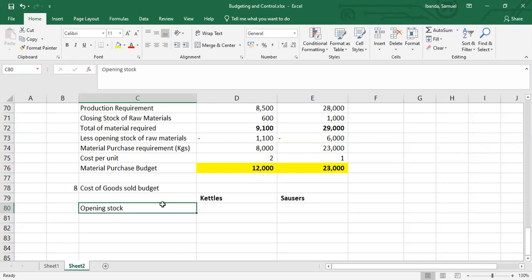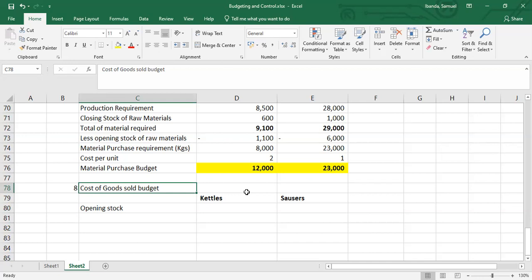The 900 and 200 are in units. And when we are trying to calculate the cost of goods sold budget, ours is to determine the value.